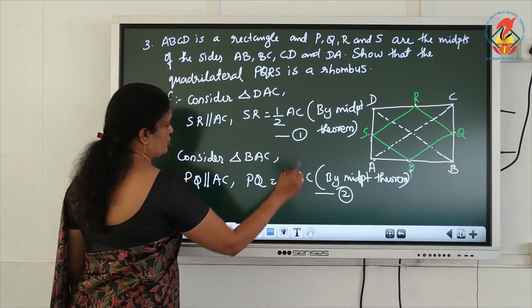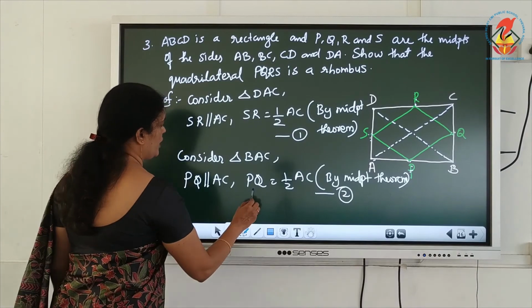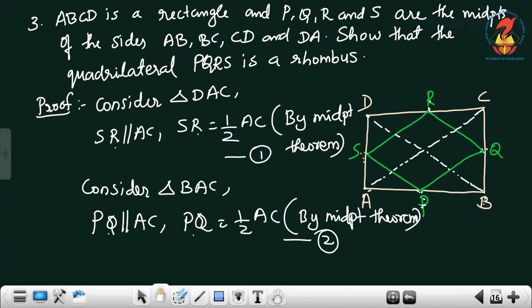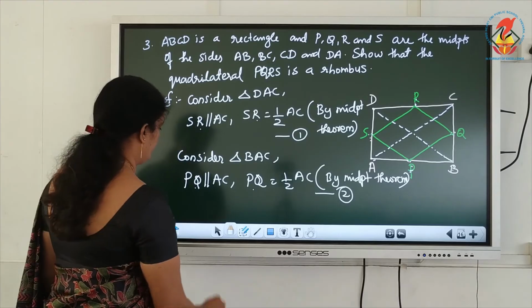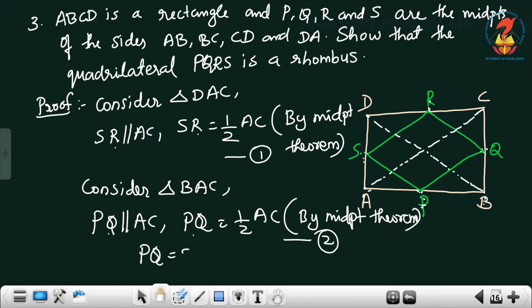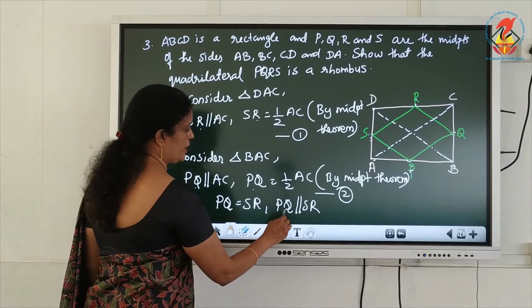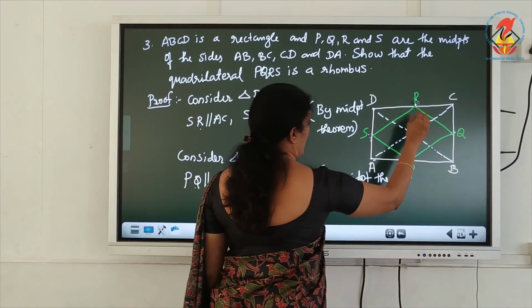From 1 and 2, we can write PQ equal to SR, and PQ parallel to SR, which means PQRS is a parallelogram.